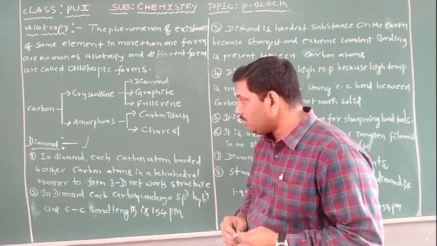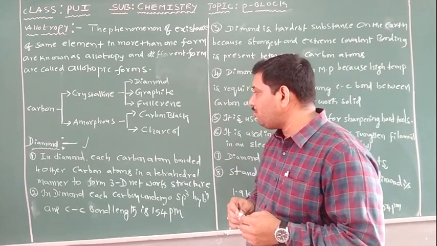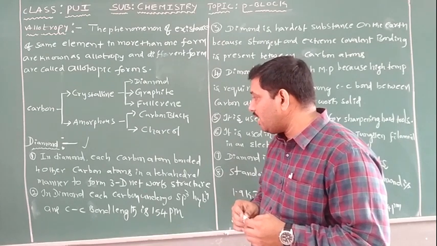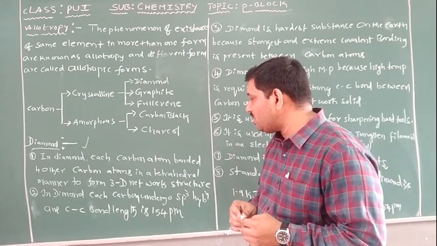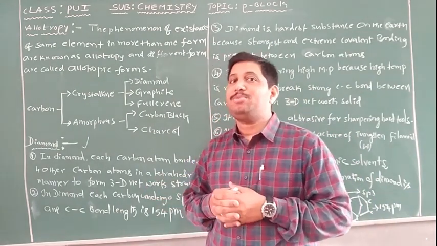First one: in diamond, each carbon atom is bonded to 4 other carbon atoms in a tetrahedral manner to form a 3-dimensional network structure. In diamond, only carbon atoms are present.